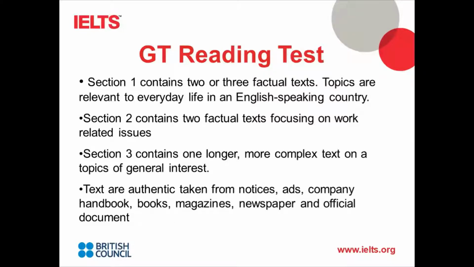The first one is in a social context, and the second one is in work-related content. Section 3 contains 1 longer, more complex text on a topic of general interest. Texts are authentic, taken from notices, advertisements, company handbooks, books, magazines, newspapers, and official documents. We can expect questions based on the everyday happenings of daily life.